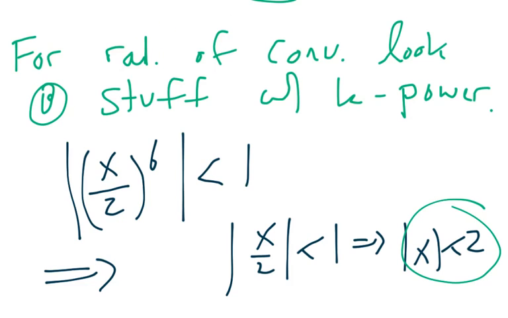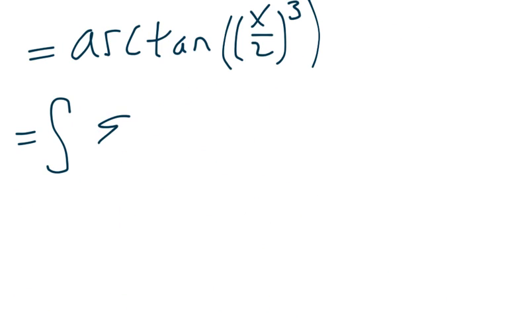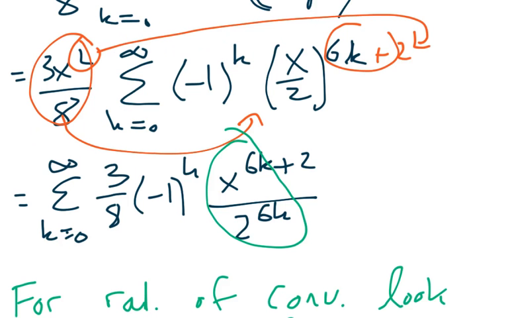So we're integrating our series. I'm going to put a big bracket around this so we know what we're integrating, k equals 0 to infinity, and we have this stuff.